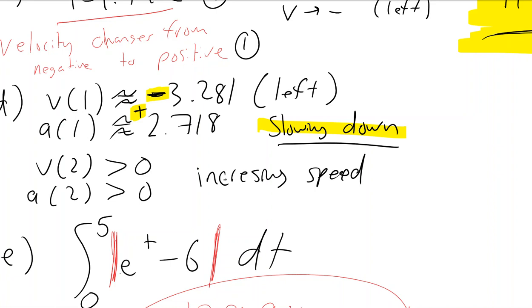So he's traveling to the left, but he's traveling slower to the left because of acceleration. If velocity and acceleration have the same sign, whether they're both positive or both negative, then the speed's increasing. If they're both negative, it's increasing to the left. If they're both positive, it's increasing to the right. But the easiest way is to just think about the signs. Signs are both the same, it's increasing speed. Signs are different, it's decreasing speed. That's all you have to consider.